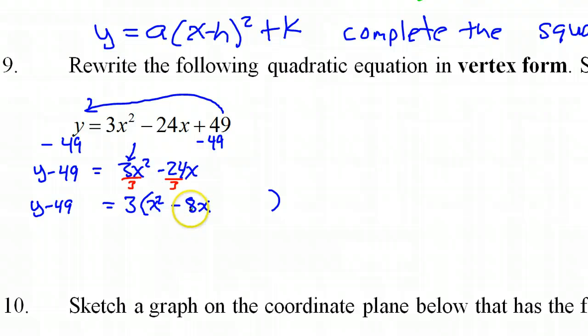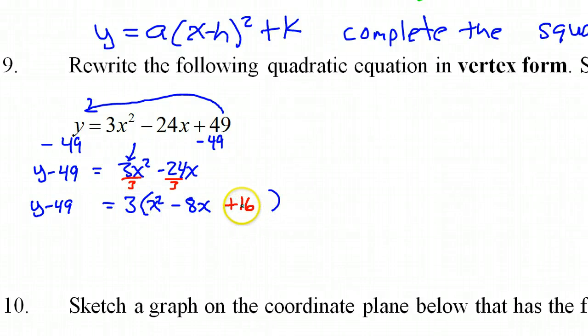Now is when you complete the square, once the 3 is outside of here. So now looking at the 8, I do half of the middle squared. So half of 8 is 4. 4 squared is 16. So I will put a plus 16 right here. Now here comes the other common mistake. A lot of kids will think I will do plus 16 over here. But that would be wrong because of this 3.